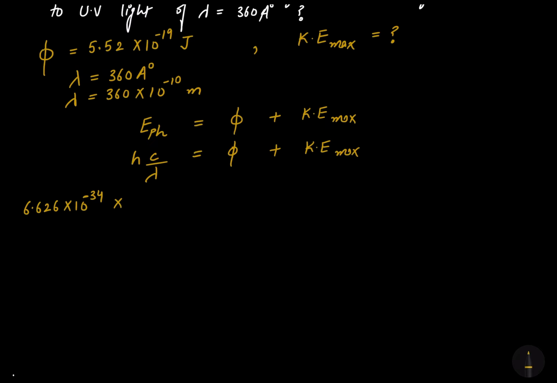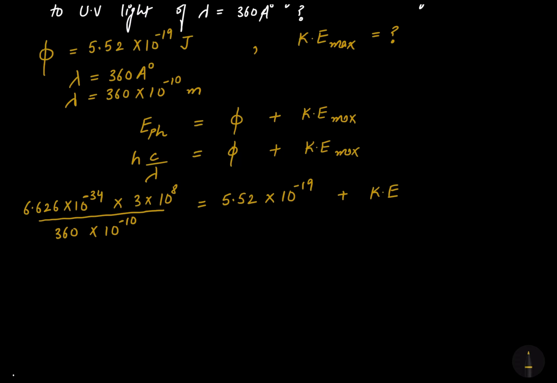The c is 3 into 10 raised to power 8, divided by the value of wavelength, which is 360 into 10 raised to the power minus 10, equal to phi. The value of phi is given. It is 5.52 into 10 raised to the power minus 19 plus the kinetic energy that we have to evaluate.